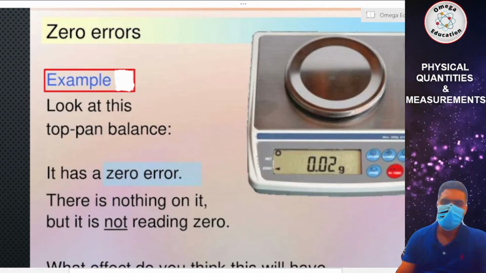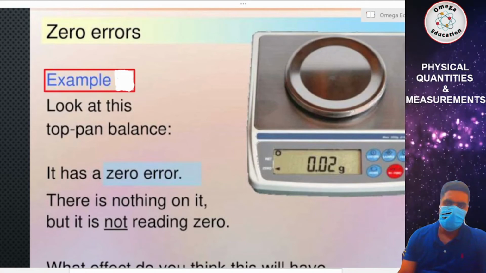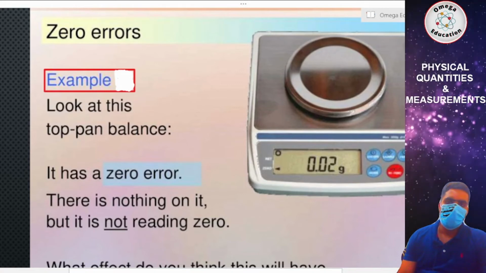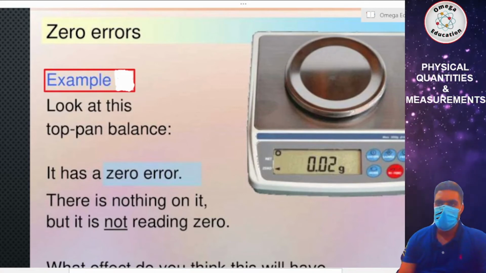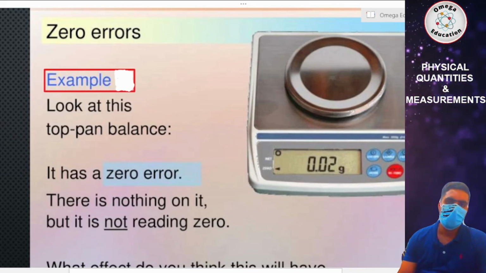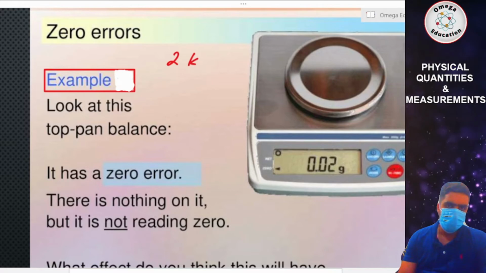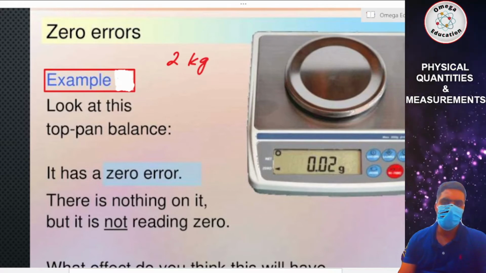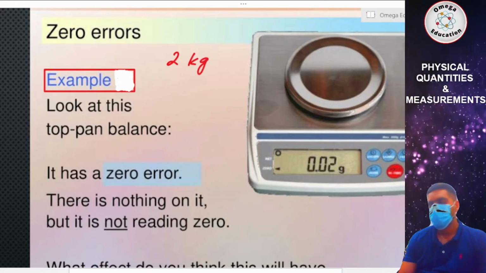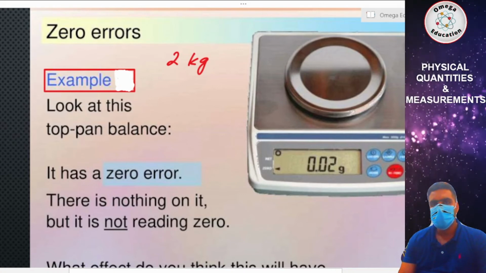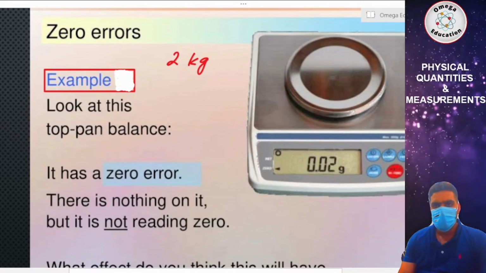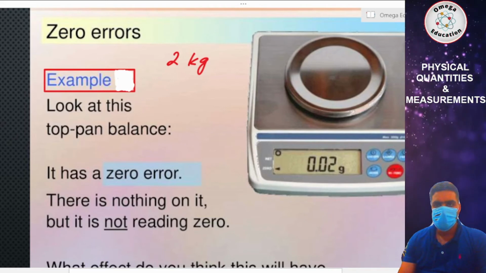For example, you go to any supermarket and they are measuring a bag of rice that weighs approximately 2 kgs, whose mass is 2 kilograms, but you try to ensure that the mass is 2 kilograms, so they put it on the electronic balance.